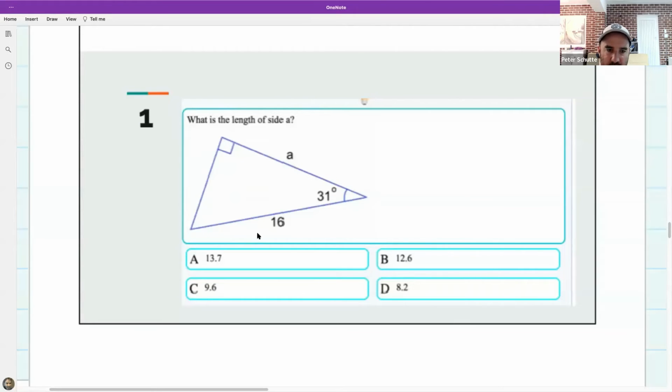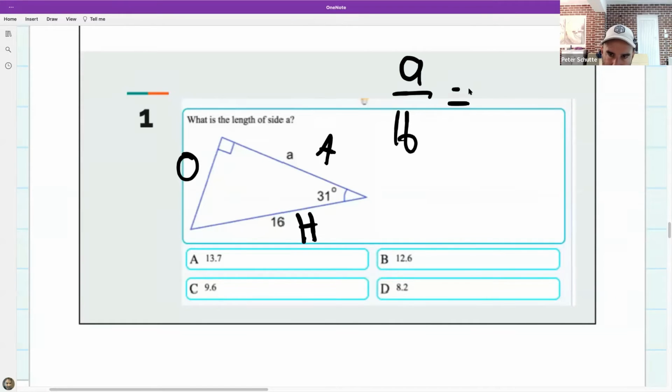In terms of the naming we've done for trig so far, this is the H, this is the O, and this would be the A rather conveniently. So I'm going to write down what we want to know, which is A, and divide it by 16. And I'd like to know in the chat, what trig ratio is A over 16? Who can tell me in the chat?